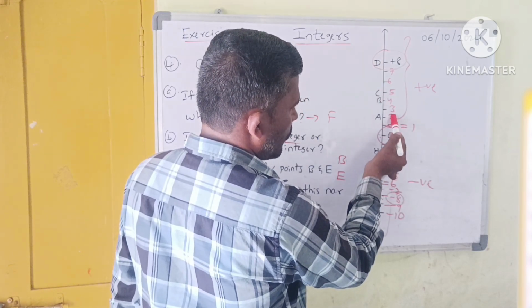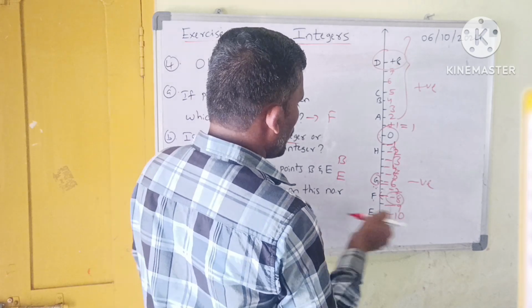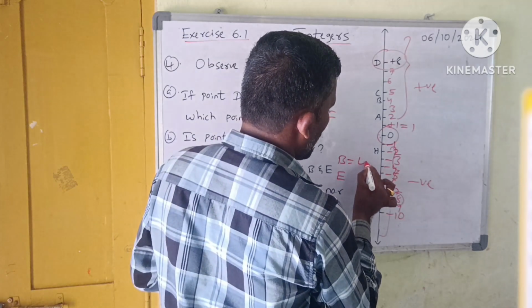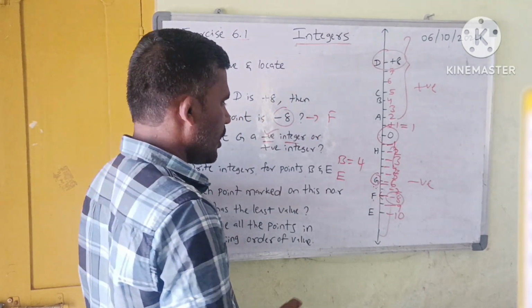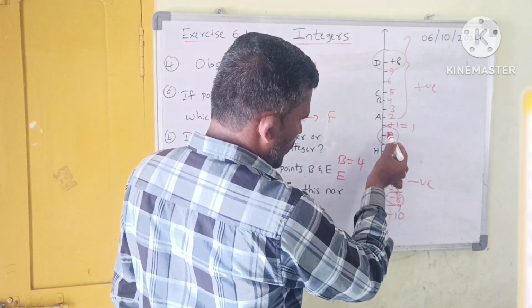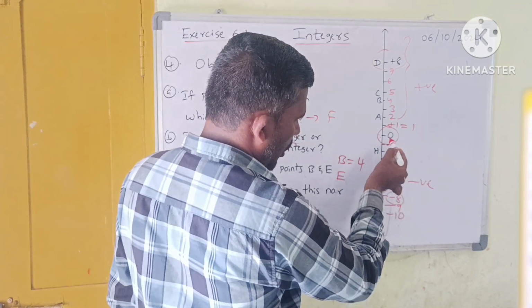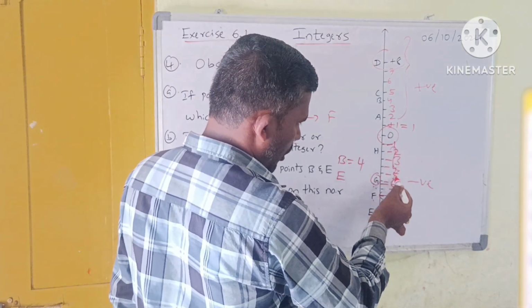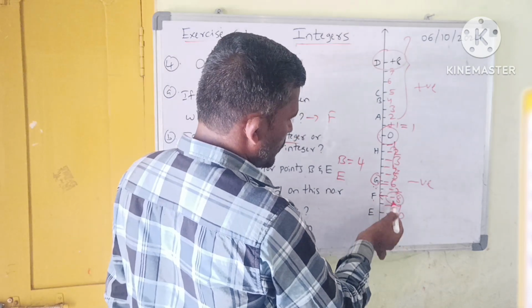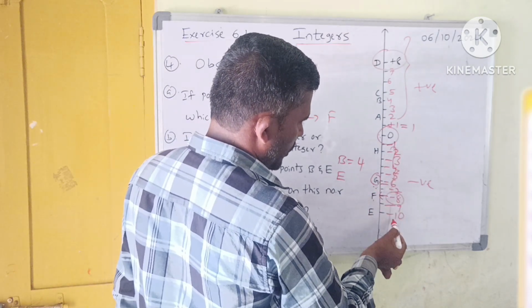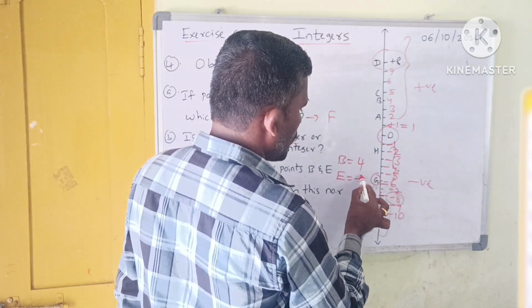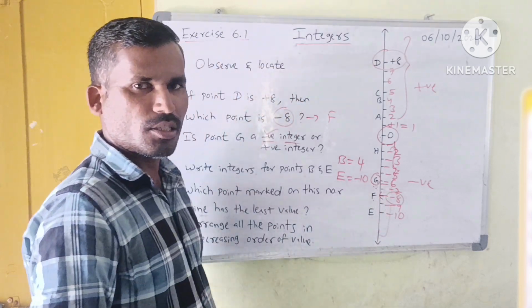So here 1, 2, 3, 4. Therefore B is plus 4 or 4 only. And E is below the origin. So here all are negative. So how much is E here? Minus 1, minus 2, and so on up to minus 10 we have. So E is minus 10.